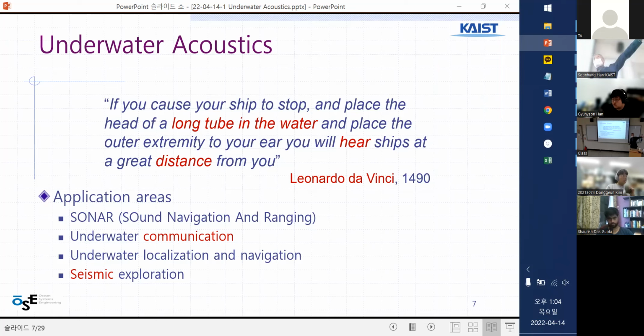So sound from far away, some noise can be caught through the underwater tubes. But he already knew about this phenomenon.